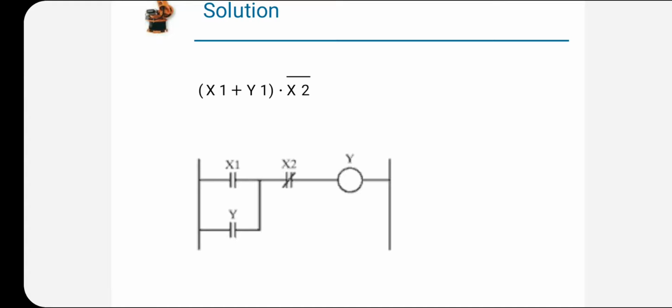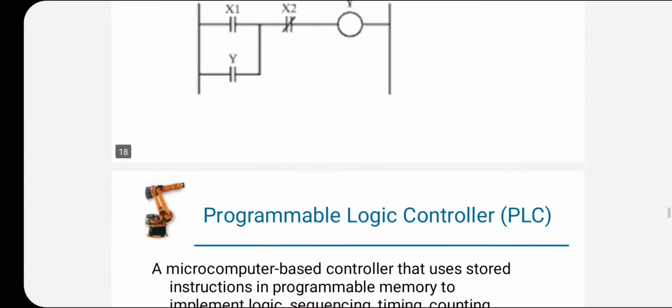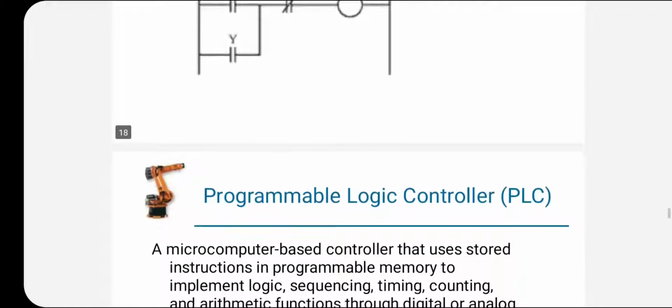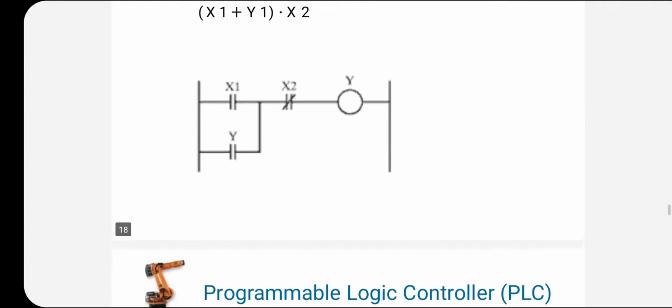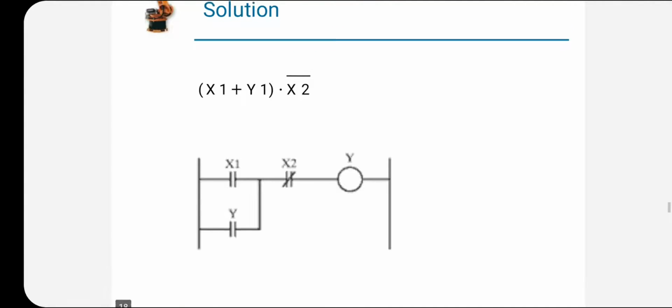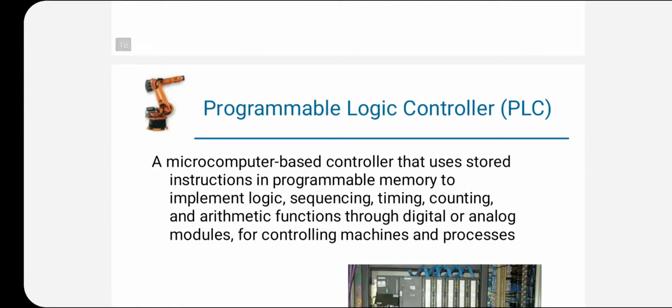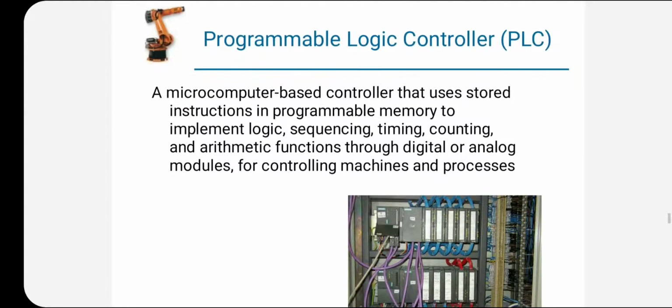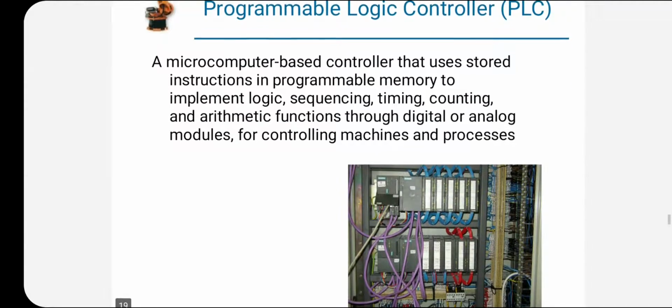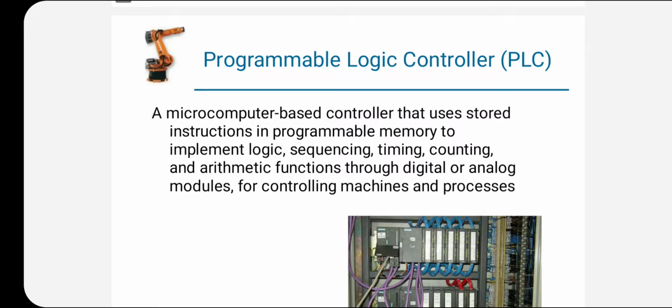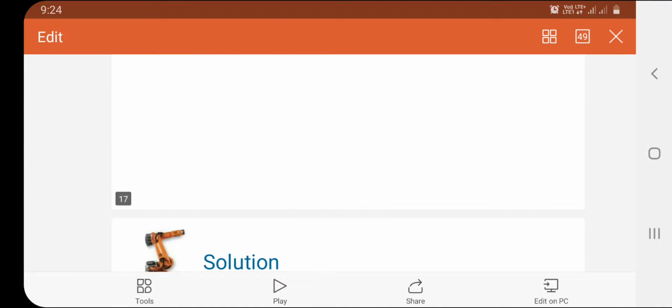So this is the solution for the push button switch. Go through these problems. I will share the PPTs in your group. Also I will upload some notes on the website. If you have any doubt, you can ask about these logic gate problems.